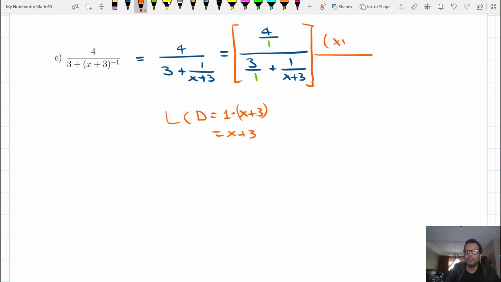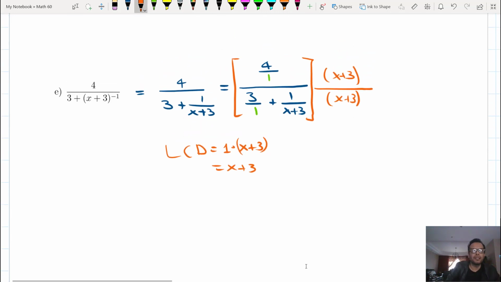So x plus 3 in the numerator, x plus 3 in the denominator. So let's see. Let's do the distribution part. Multiply x plus 3 times 4 only, not the 1. x plus 3 times 3 and x plus 3 times 1. Okay, so that's the plan. Okay, that's how we're going to distribute this.